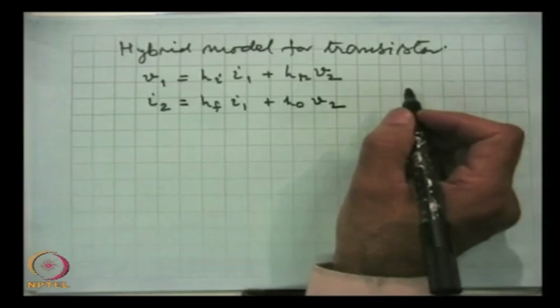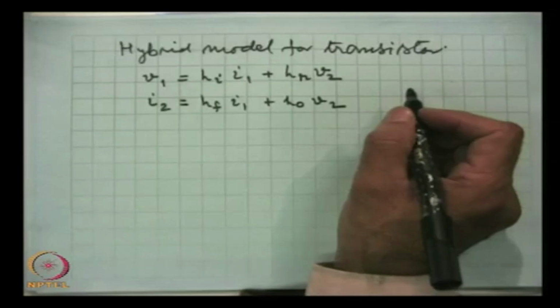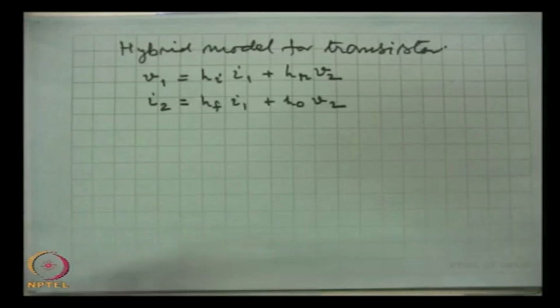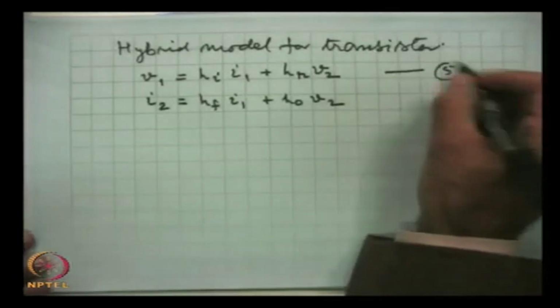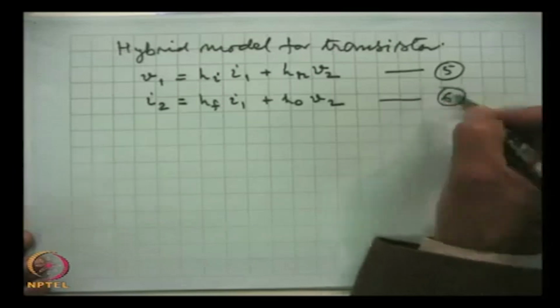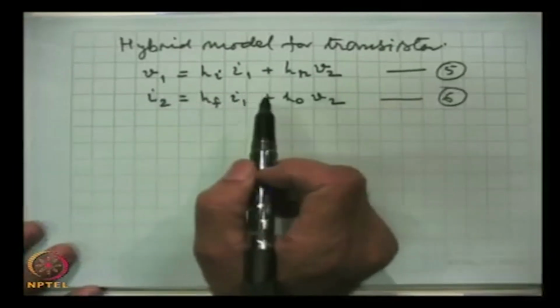These equations we will now be using, and let us call these equation 5 and equation 6, and from here we can develop the hybrid model.